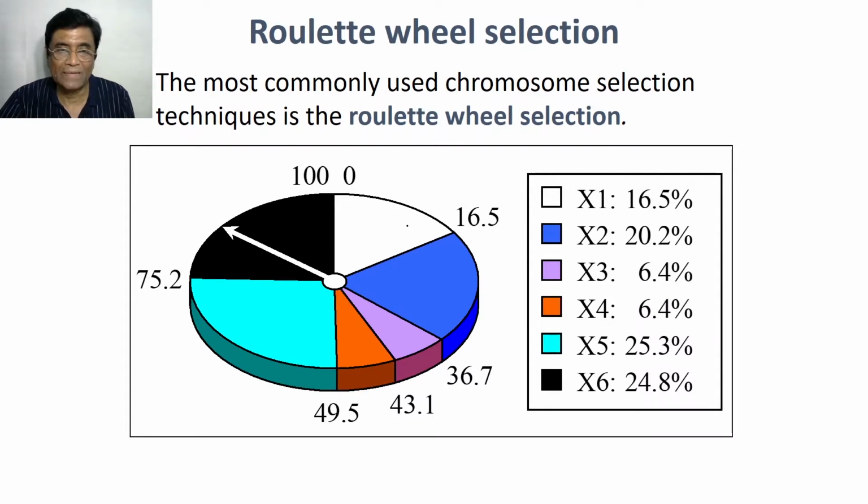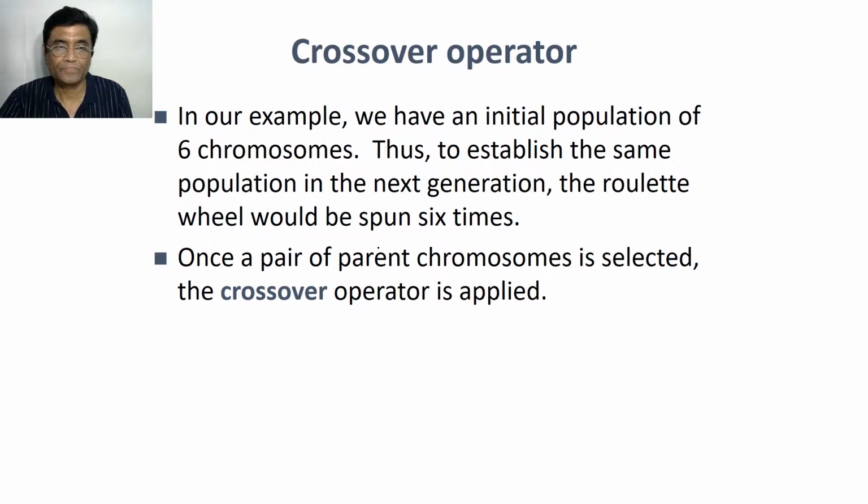In gambling, somebody spins this, and you put some money, if it stops here, like that. I don't know. But Roulette Wheel is a very effective means in selecting logically fresh chromosomes with maximum fitness value.